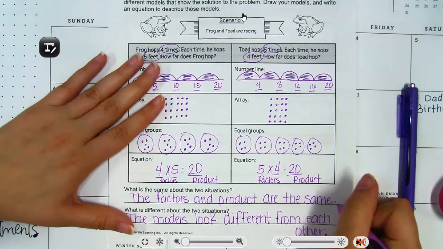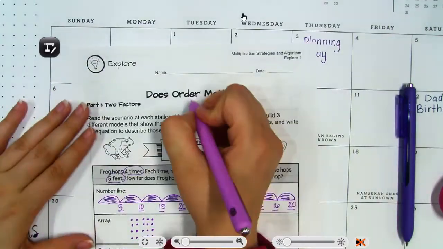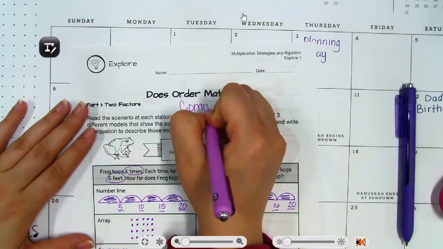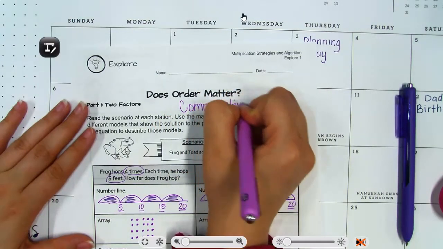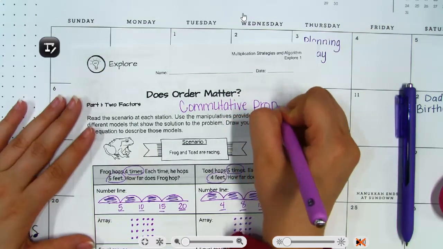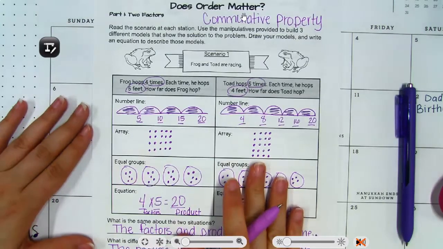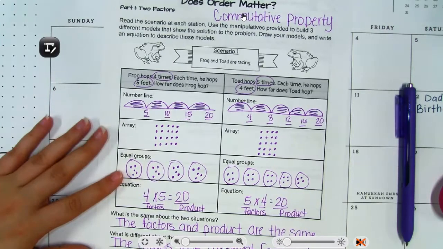Remember, guys, this is what we call commutative. I'll write it up here. We call this commutative property, and that is where you have the same numbers that can be multiplied in any order.